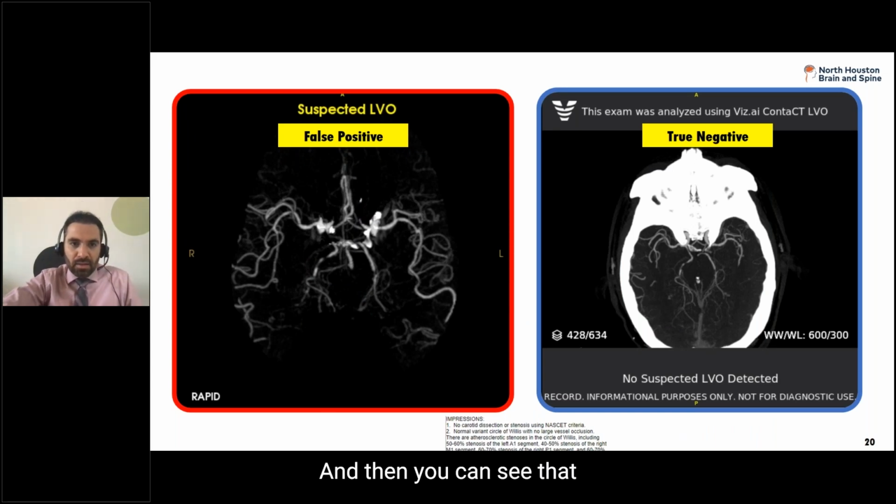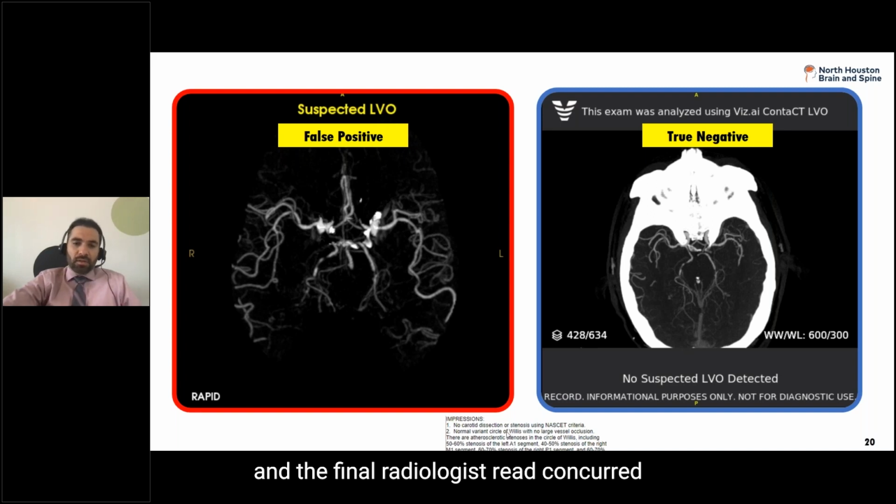Here you can see that Rapid suspected LVO, and Viz did not. And the final radiologist read concurred with Viz that there was no LVO. I've noticed this happening more and more whenever there is heavy calcification around the cavernous ICA.